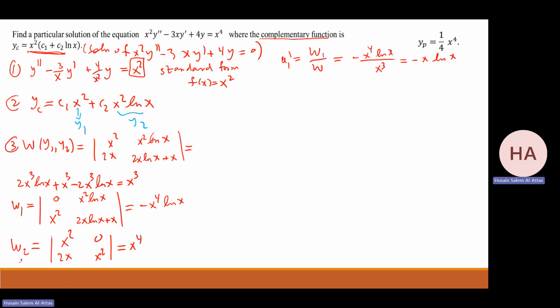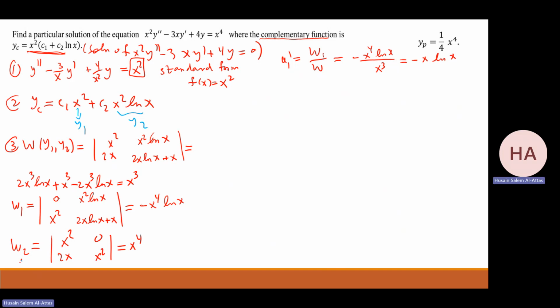Did I make any mistake somewhere? No. X squared ln x, everything is okay. That will be x squared, this is 2x, x squared ln x. Therefore, 2x ln x plus x. So I have x cubed plus 2x cubed minus this, ln x cubed. W1, I have 0, x squared, with this I have x to the power 4 ln x.